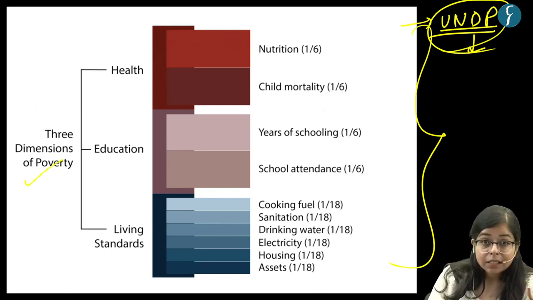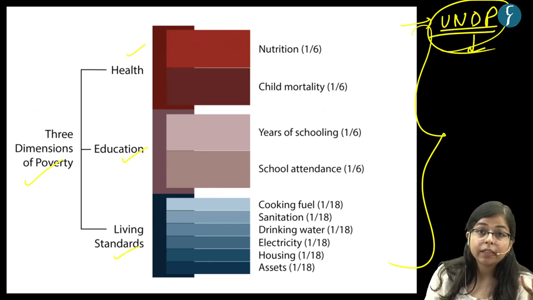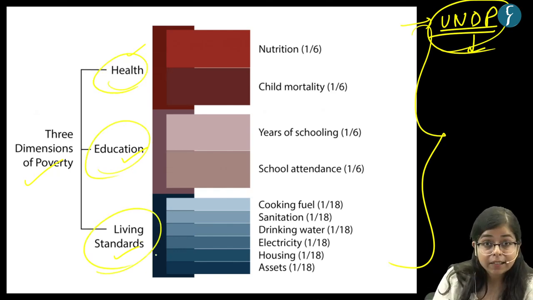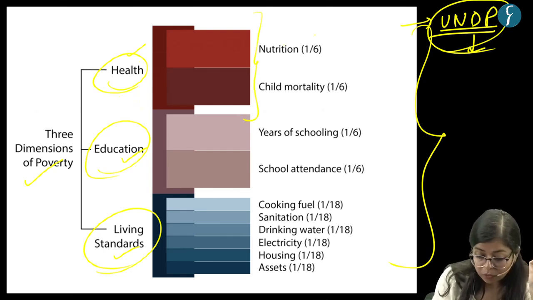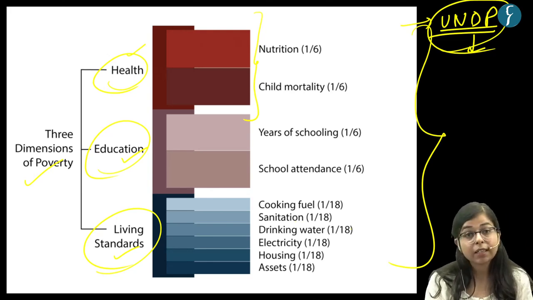And in this indicator there are three dimensions of poverty. So there are three weighted criteria, which are health, education and living standards, and these dimensions are further divided into sub dimensions, like health is divided into nutrition, child mortality, education is divided into years of schooling, school attendance, living standards is divided into access to cooking fuel, sanitation, drinking water, electricity, housing, assets.